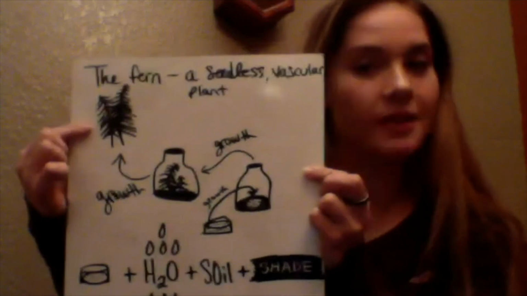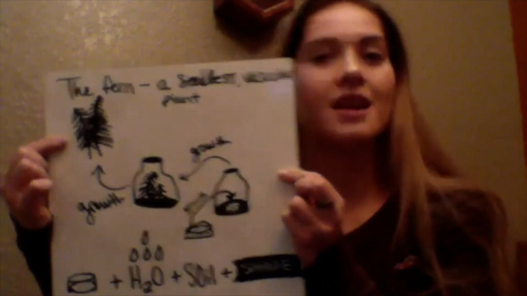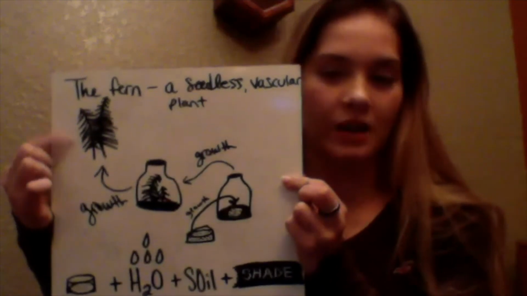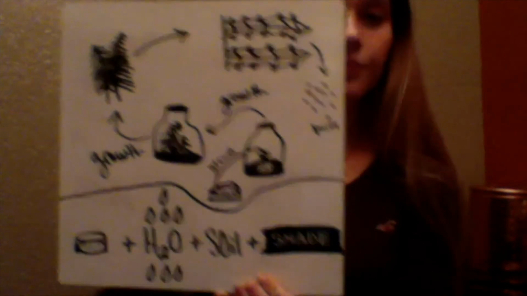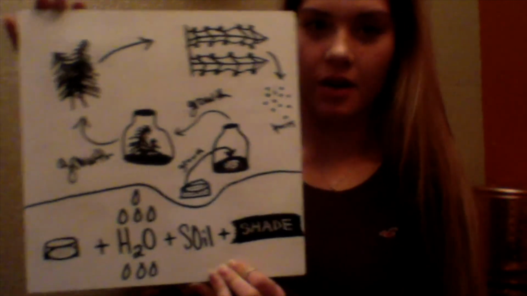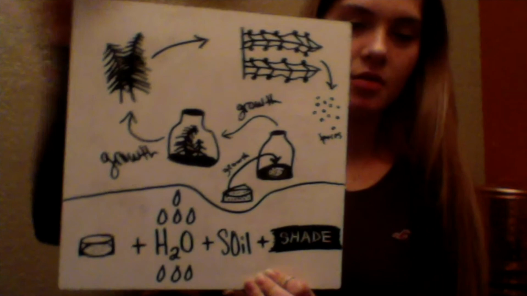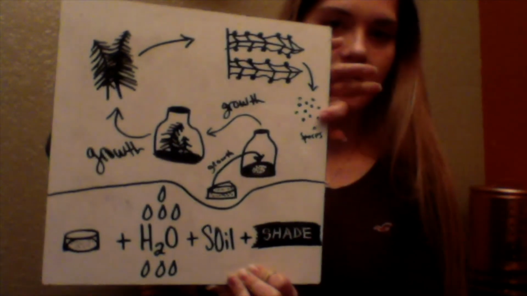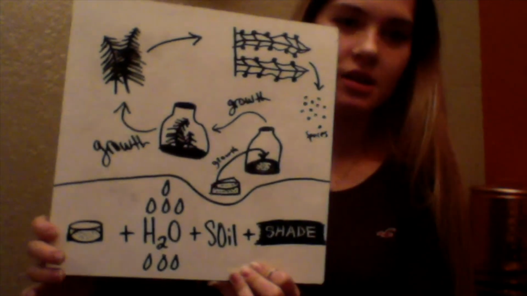Now you can put it outside as long as it still has those conditions like the moisture and indirect sunlight, and it'll keep growing. When the ferns are mature enough, when they are adult ferns, they produce spores, like we talked about earlier. There they are, and then the cycle starts over.